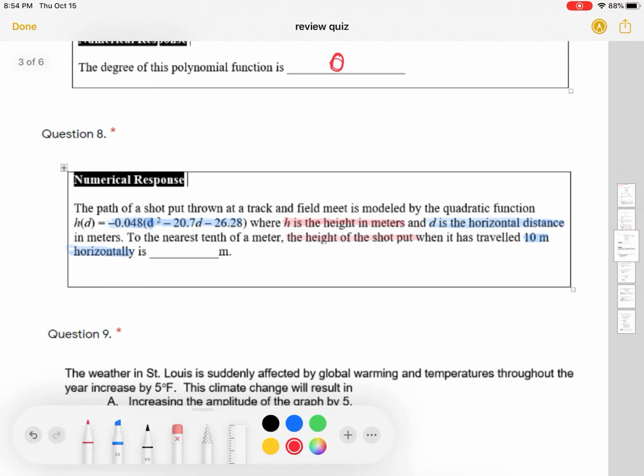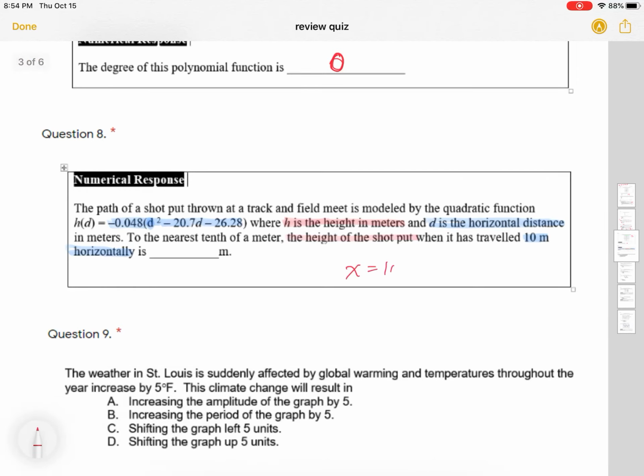And we want to know the height of the shot put when it's traveled 10 meters. So we're going to take this formula here. And all you have to do, you can either put it in your calculator as a y value and use the graph to find it, or you can substitute in x equals 10 and solve for your value for h.